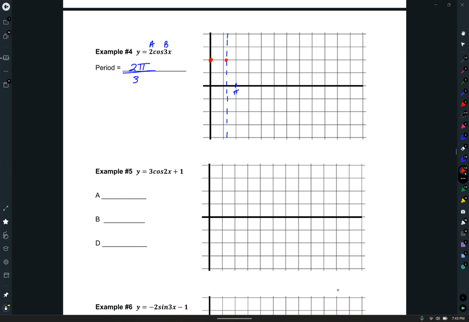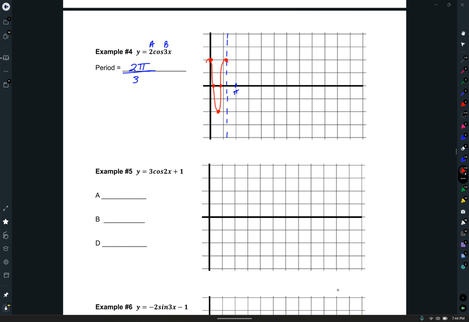I'm just guesstimating what would be halfway between those 2 points. I'm down at -2. And then halfway between each of those, I'm at 0. So I've got this skinny little cosine graph that's squeezed up in there in a distance of 2/3 pi.